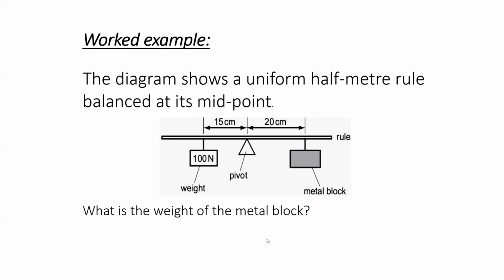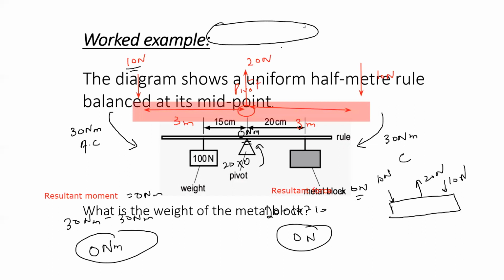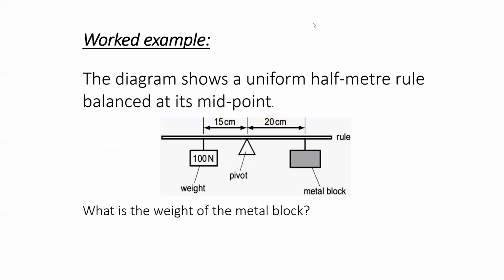Whenever you solve a question, these are the two conditions for an object to be in equilibrium: there should be no resultant force, there should be no resultant moment. So we want to work out the weight of this metal block.